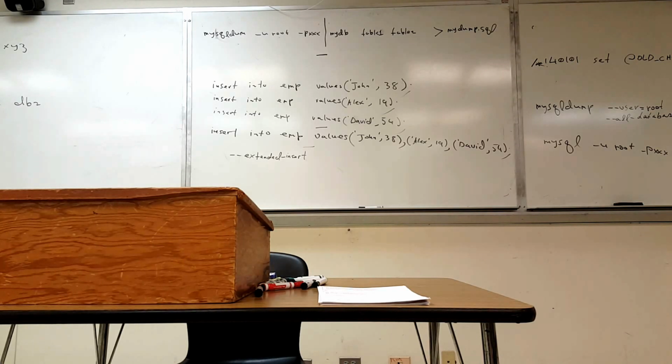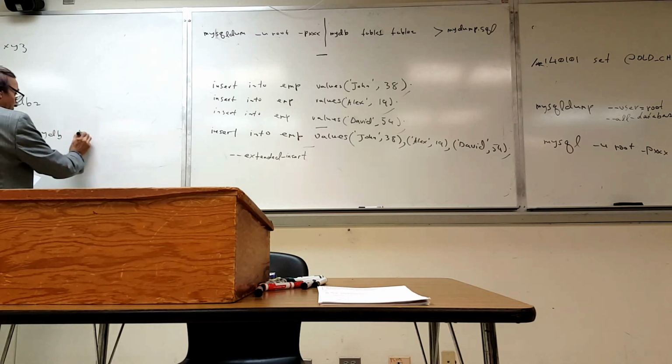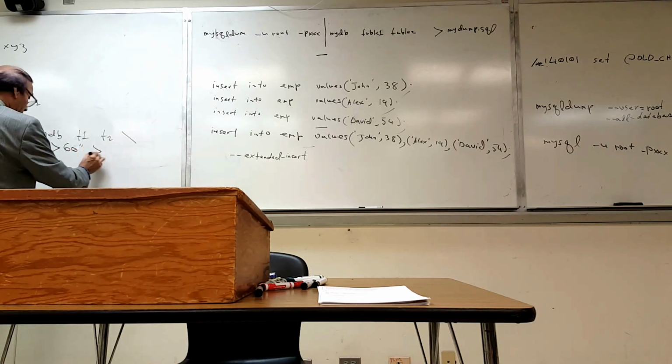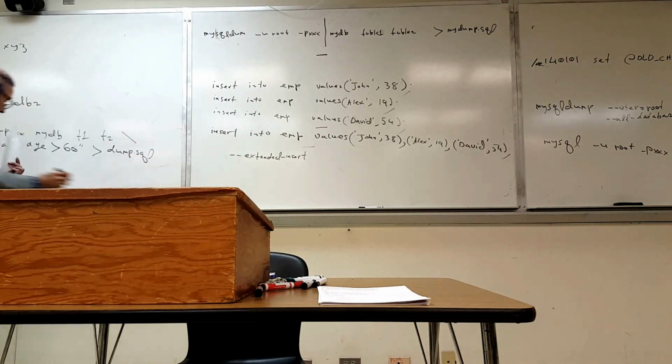You could say mysqldump followed by dash u root, suppose, dash p xxx, followed by mydb t1 t2, continue on the next line, dash dash where name equal Doe and age greater than 60, followed by dot sequence. That's a really good example.